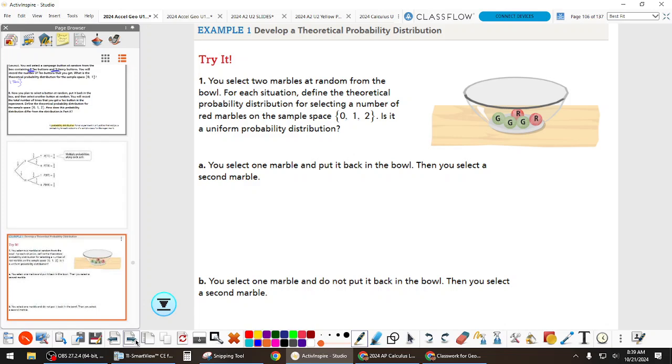So I could pick none, 1, or both of them, right? Okay. And then we'll talk about this in a second. But what is the theoretical probability for selecting 1 red marble? Yeah. Or 0, or 2.